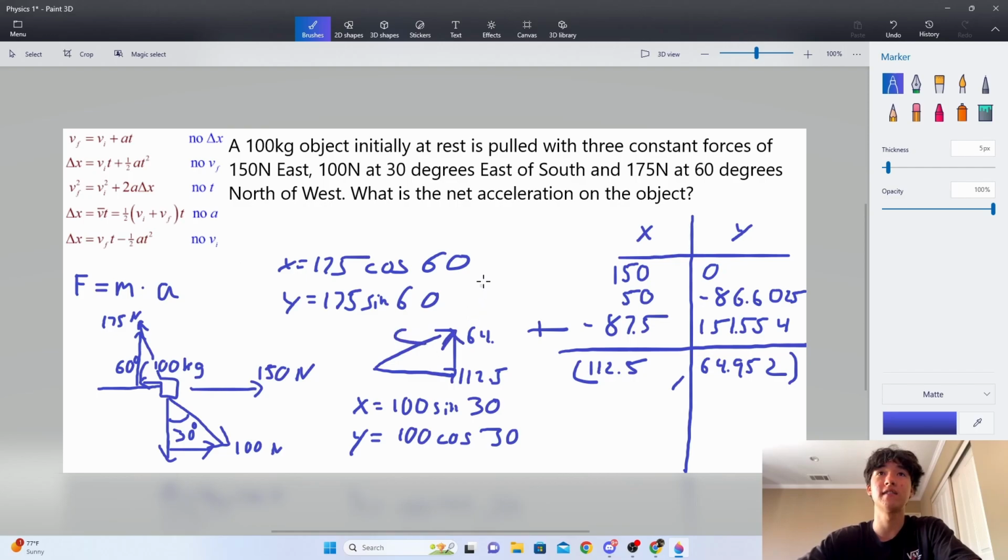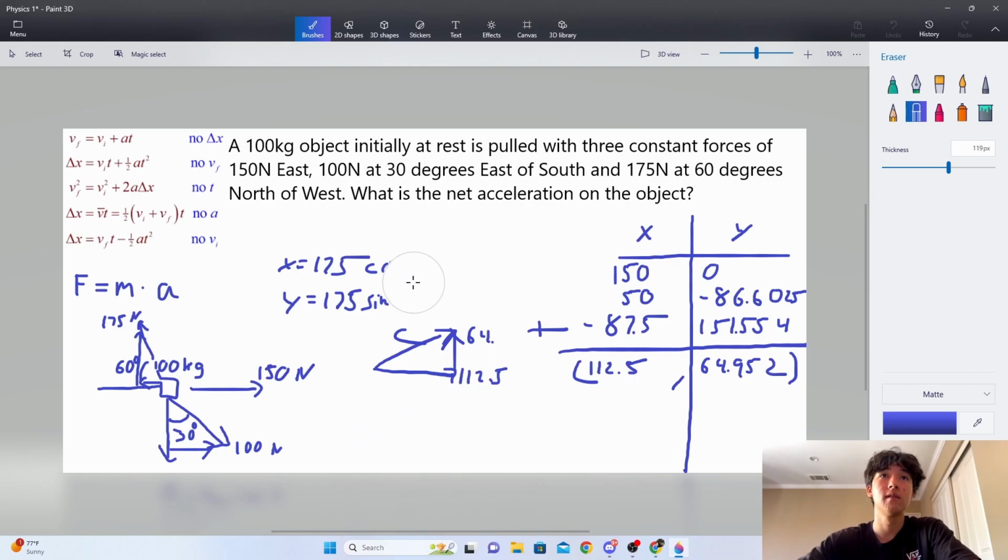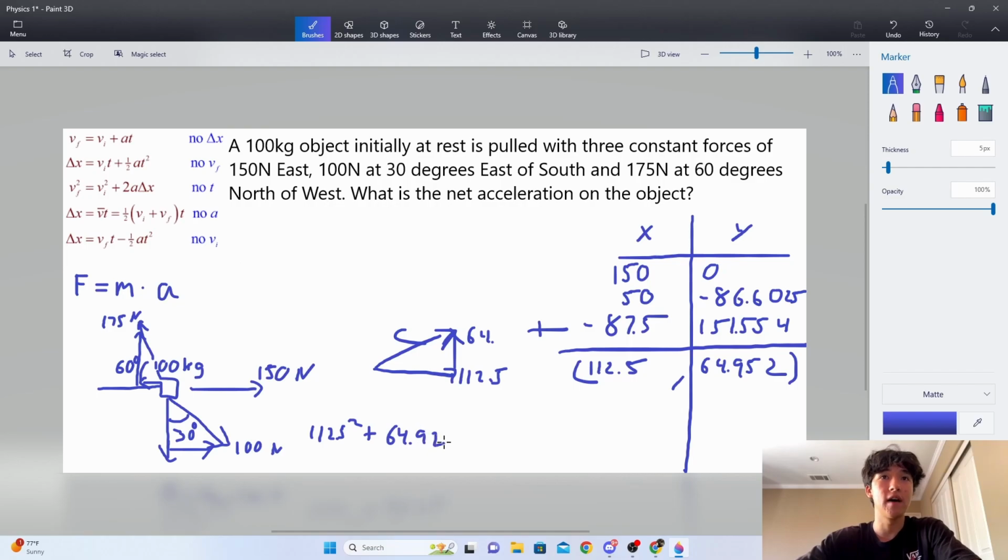So how do we find C? Well, it's the Pythagorean theorem. So what are we going to do? 112.5 squared plus 64.952 squared is equal to C squared. What's that going to get us?